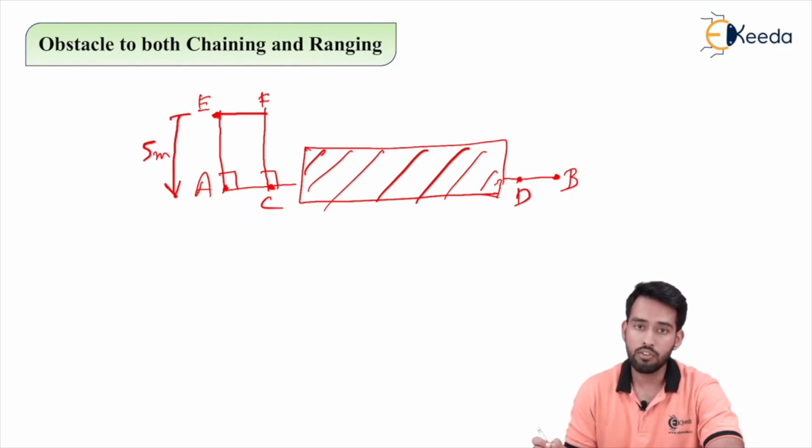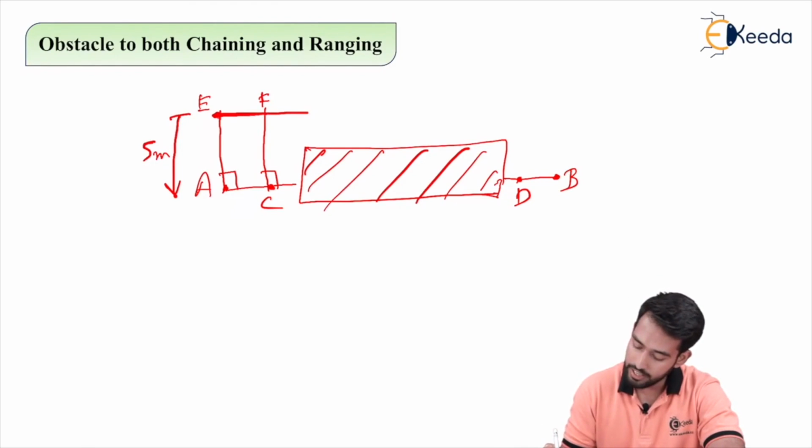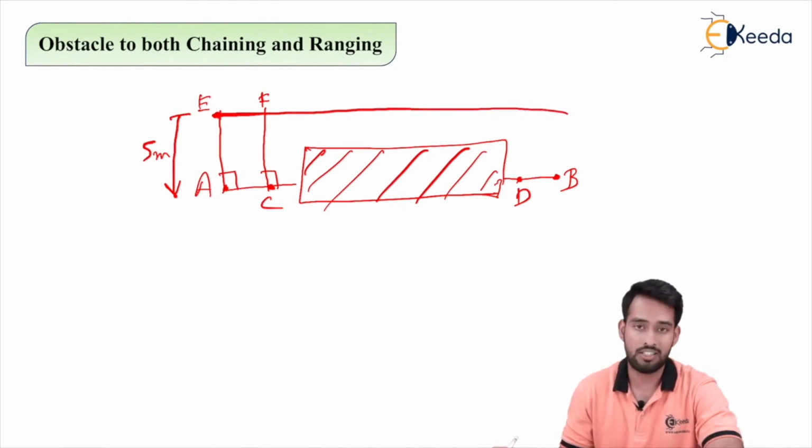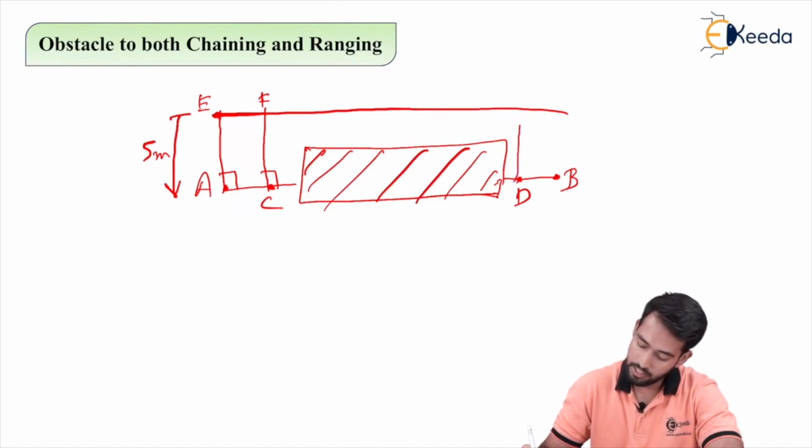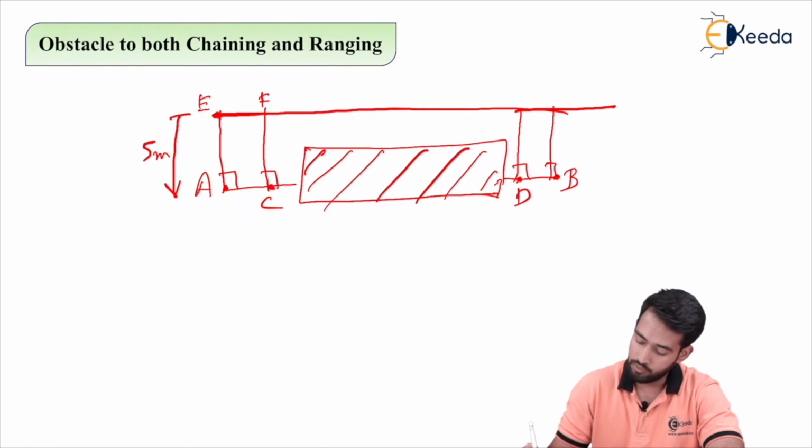Now what do we have to do? We have to extend this line horizontally. From D, simply draw a perpendicular on the well established line, and from B also draw a perpendicular. It will represent the points G and H.